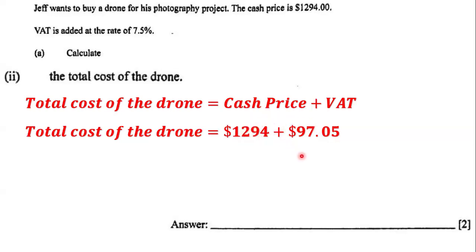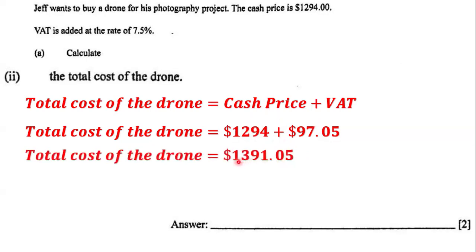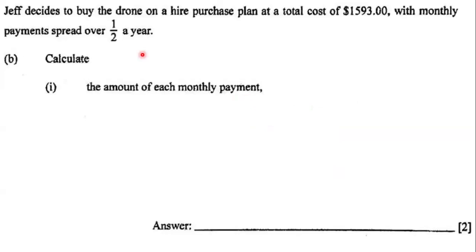Now, when we add them together, we get $1,391.05. And so that means that the total cost of the drone is $1,391.05.